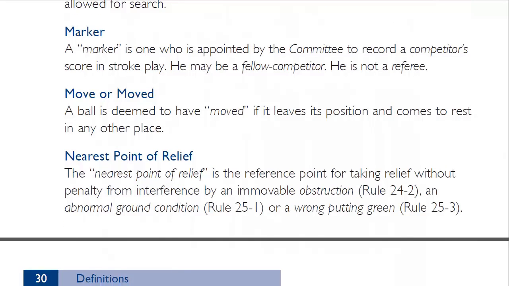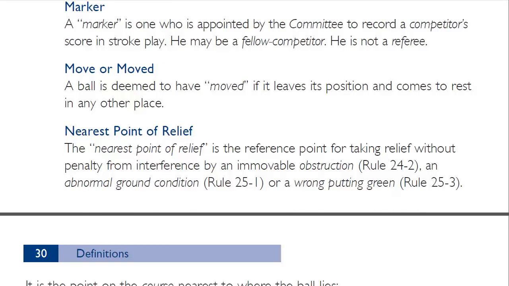So when you show up at one of our tournaments, and most tournaments you play in, you're going to get a scorecard of another competitor to keep their score, and that defines you as a marker for that player, and you'll be responsible for his score and making sure his score is correct. So in order to make sure his score is correct, you need to have a good knowledge of the rules and make sure he's following the rules correctly. So that's your responsibility.